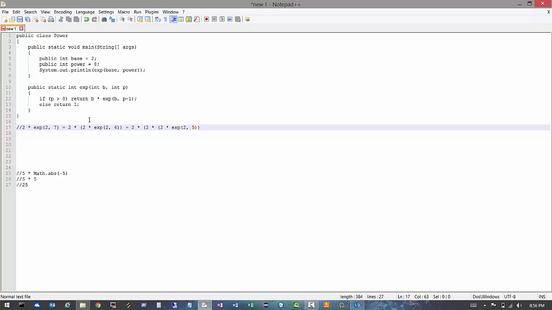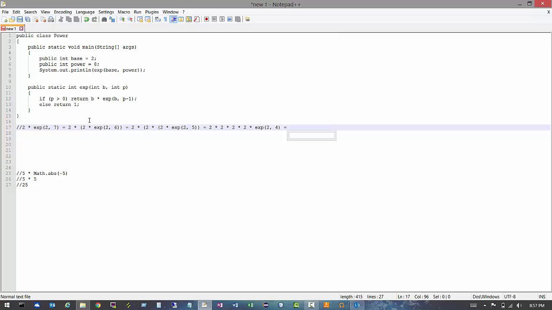Hopefully you're starting to see a pattern. I'm going to use fewer parentheses because they get hard to keep track of after a while. But ultimately, we now have 2 times 2 times 2 times whatever exp 5 is. 5 is greater than 0, so that's 2 times exp of b, which is 2, sorry, p minus 1 is 4.